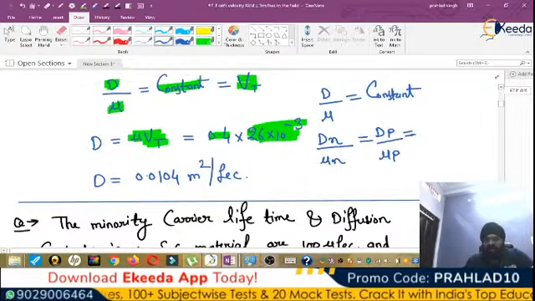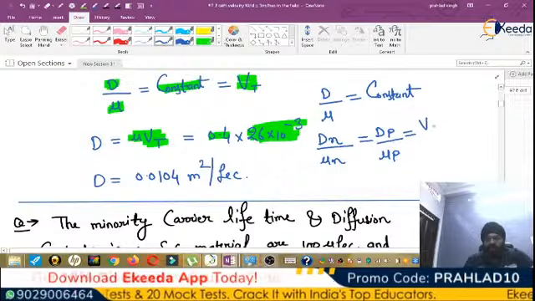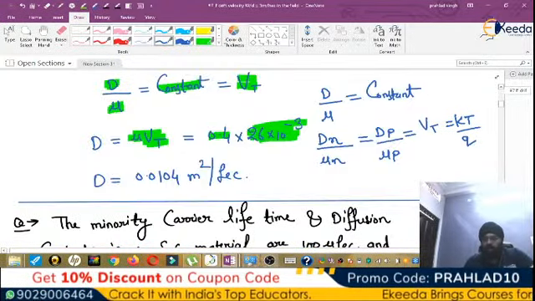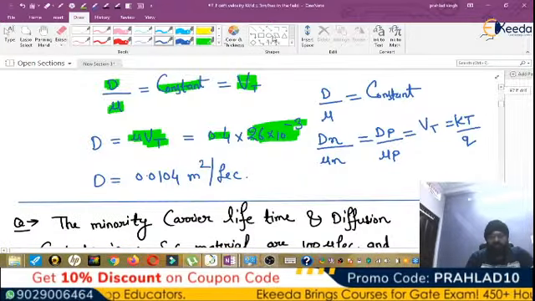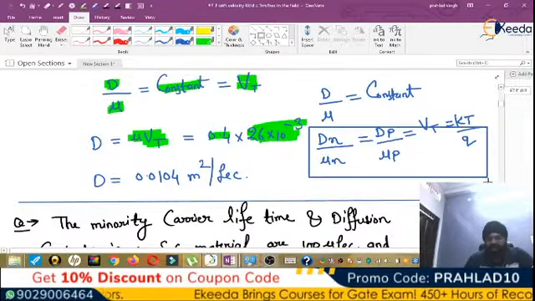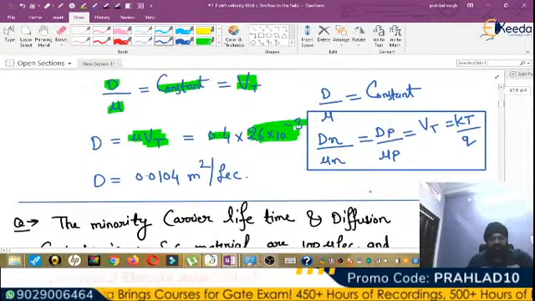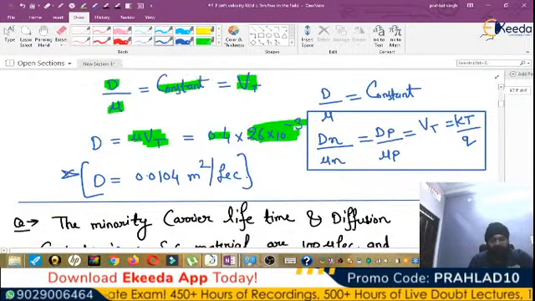For p-type semiconductor, it is Dp by mu p, and this value is Vt, which is equal to kT by q. So this is called Einstein's relationship for the semiconductors. So from here we will calculate the value of diffusion constant D.